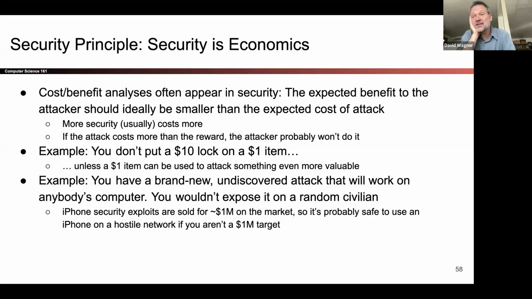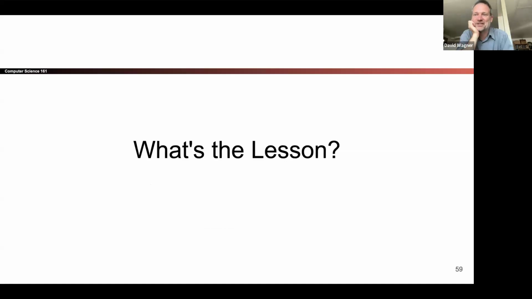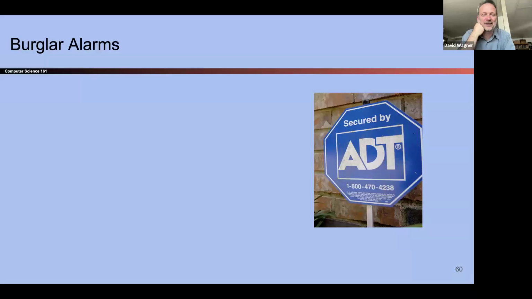So that is itself a measure of how secure iPhones are. If I'm only protecting the few $1,000s in my bank account, the iPhone's probably secure enough for that. At least the iPhone's probably not going to be the weakest link in my security. Okay. So that's an economic perspective on security.